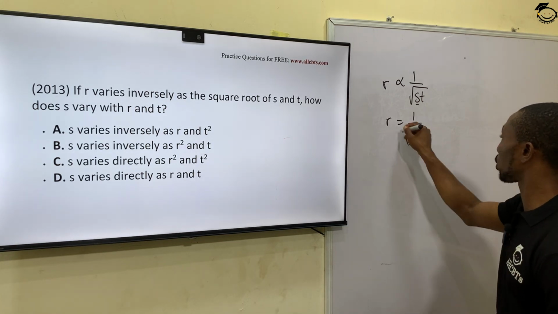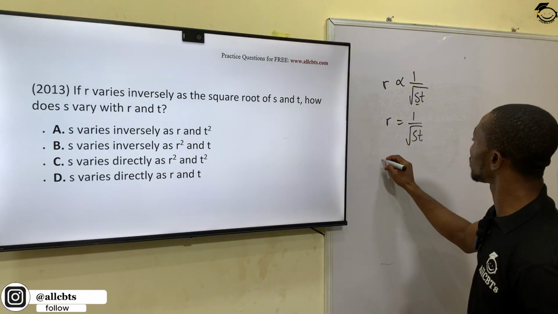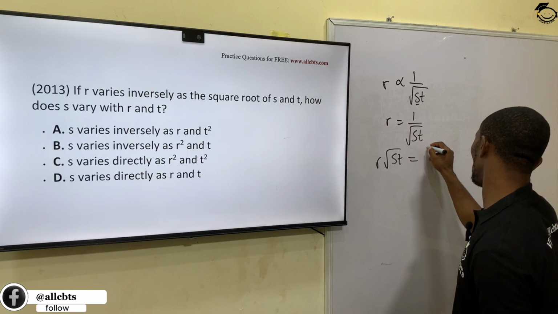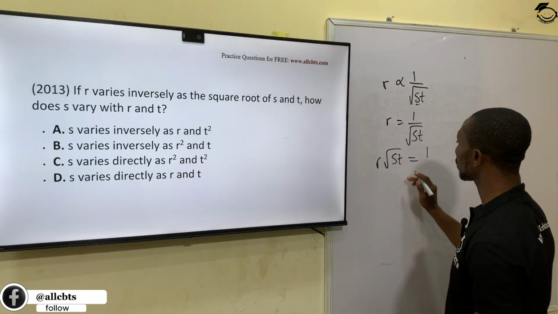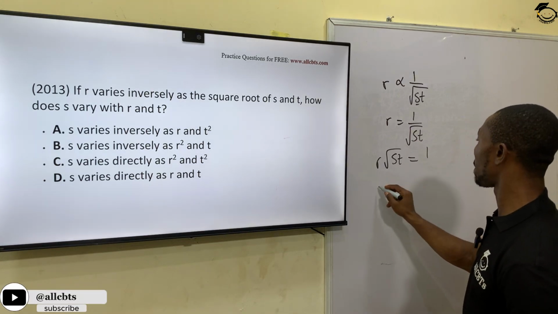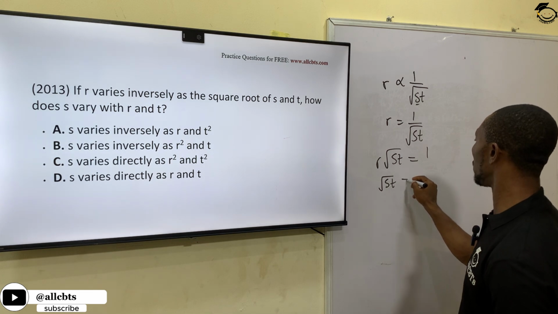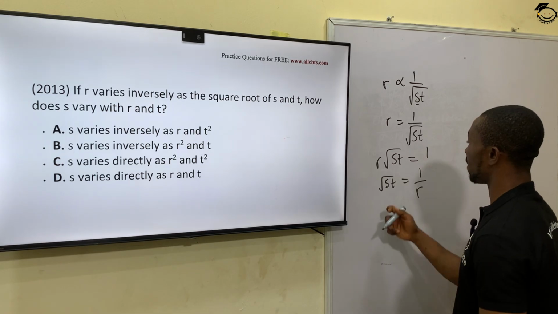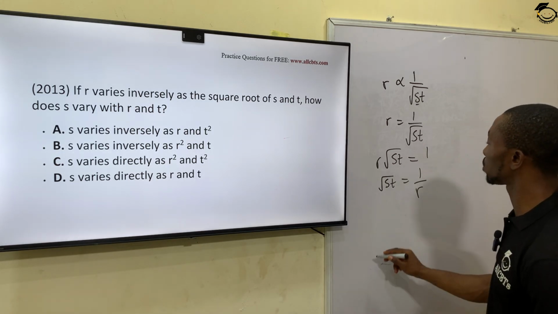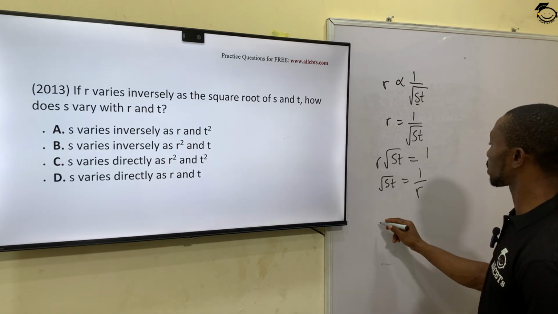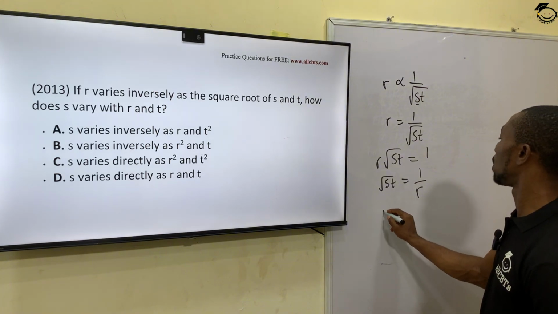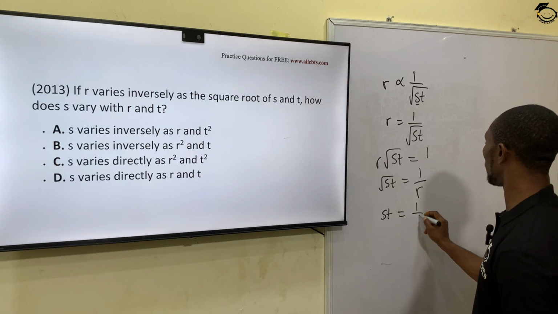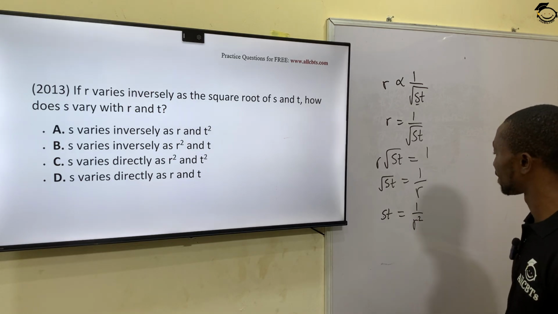Okay, now we cross multiply. This becomes R times root ST equals 1. So dividing both sides by R, root ST equals 1 over R. Okay, so from here, we square both sides. This becomes ST equals 1 over R squared.